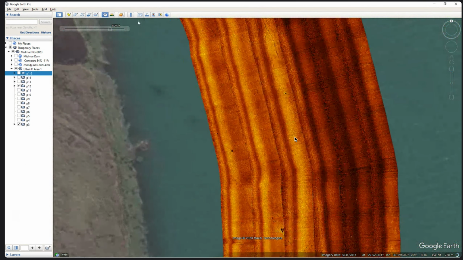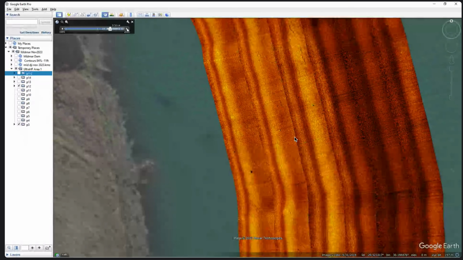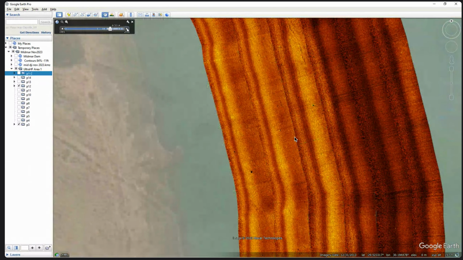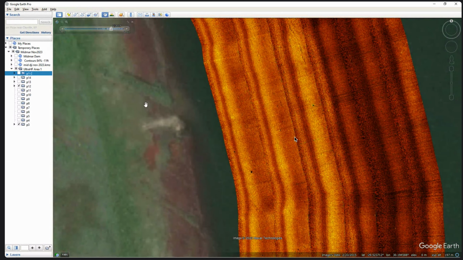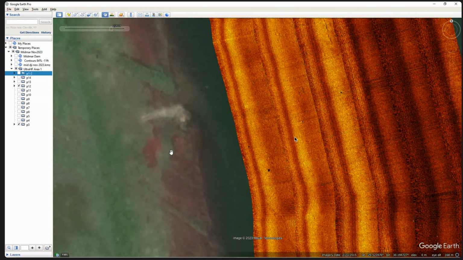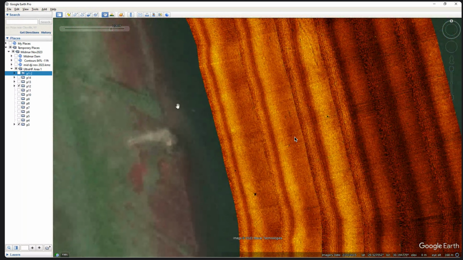No, not that one. There we go, we're getting close now. Yeah, that's it. That's exactly the same depth as when I was there recently. And the reason I'm bringing this level up is because obviously this side scan was done when the dam was at 100%, which is awesome. But this starts to get a little bit confusing.